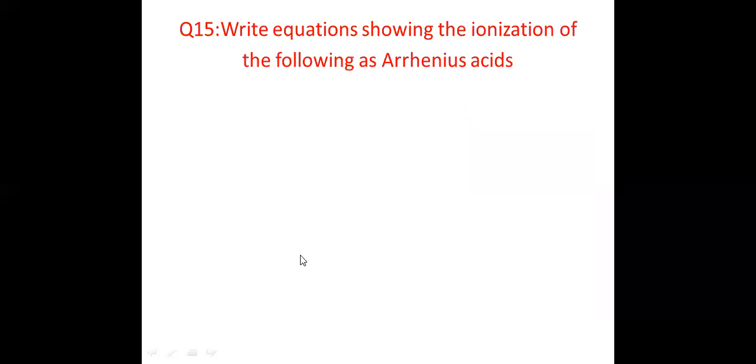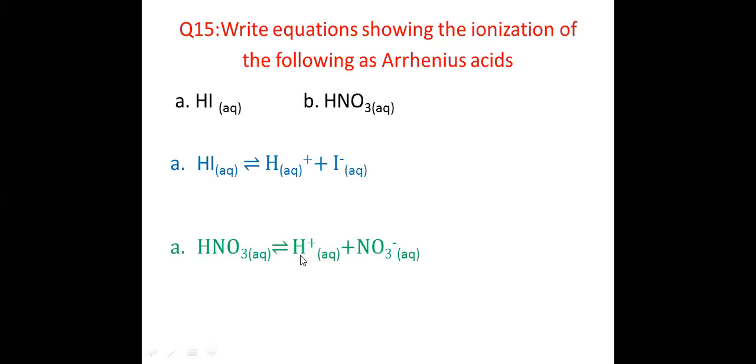Question number 15, write equations showing the ionizations of the following as Arrhenius acids. First one is hydrogen iodide aqueous solution. Aqueous solution means a solution of hydrogen iodide in water and a solution of nitric acid in water. So we know that according to Arrhenius, acids are those substances which give protons in aqueous solution.